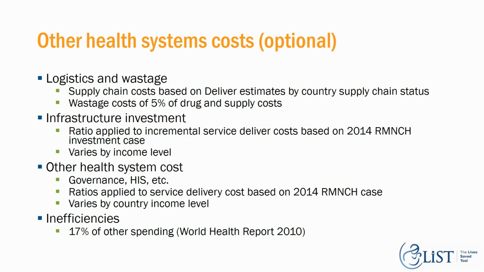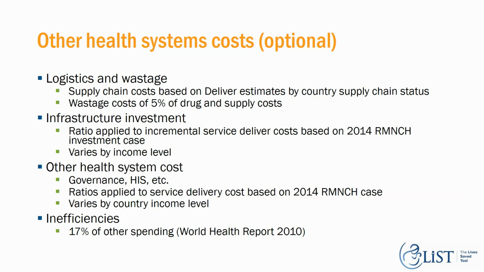Some additional optional options that we can use are the logistics and wastage costs. So the default data is coming to us from Deliver Estimates, and they're by country supply chain status. So the average will be 5%, and that'll be the default number that's in there.